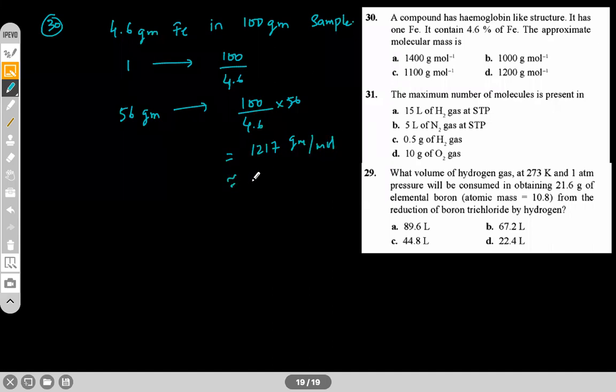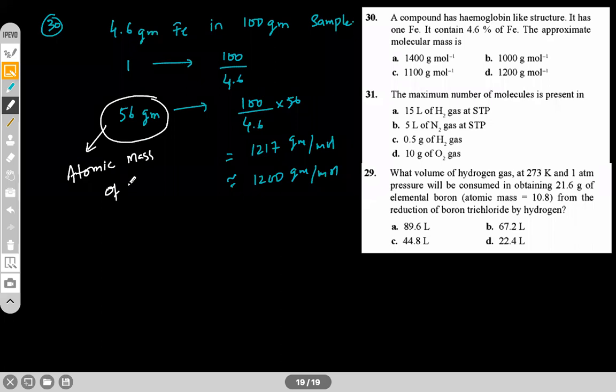So approximately the answer is 1200. Why have we taken this? Because this is the atomic mass of Fe.